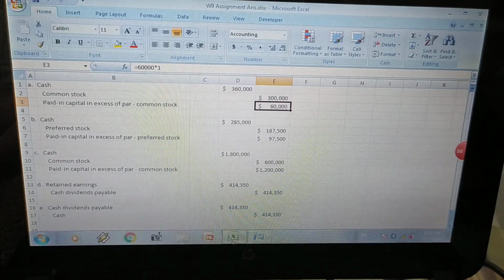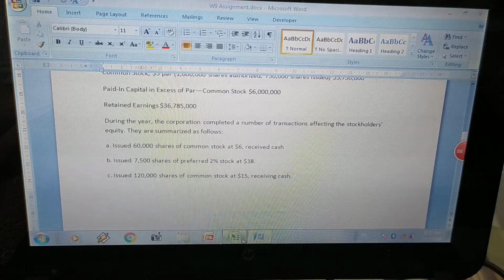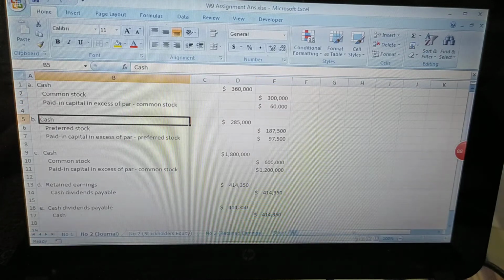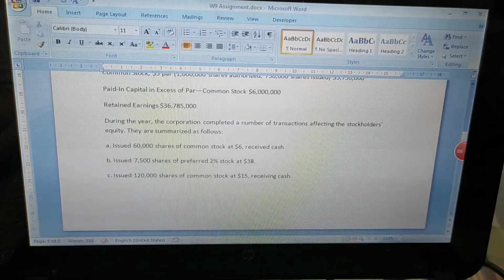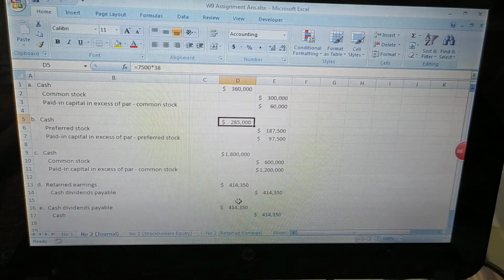That is for A. And then B, issue 7,500 shares of preferred 2% stock at 38. If it is not stated, we assume that it is cash. Remember, always use shares times the market value for the cash. So we get $285,000.